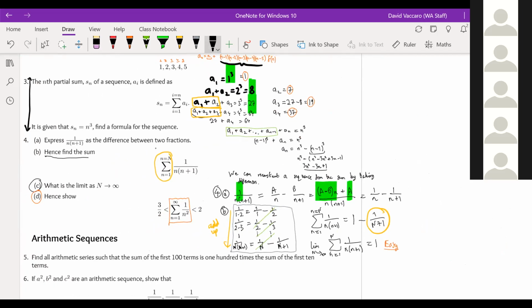Now, this sum 1 upon n squared, around the 1750s, was an unsolved problem in mathematics.